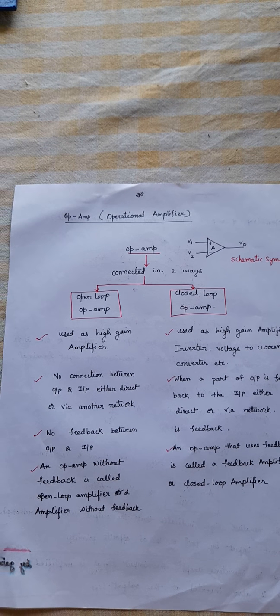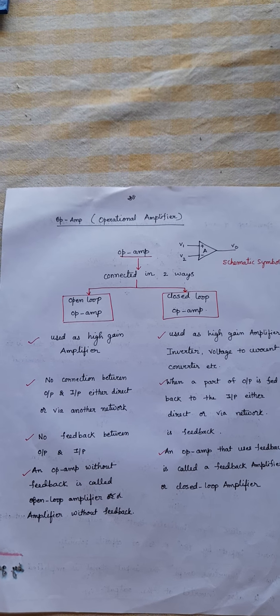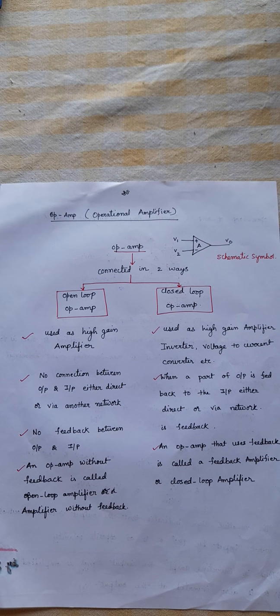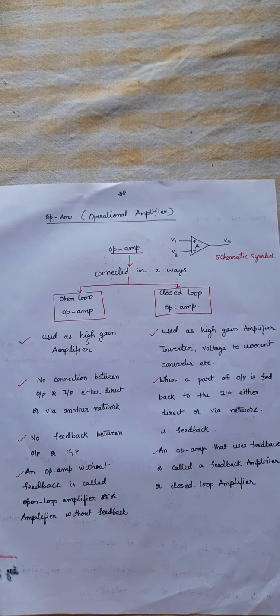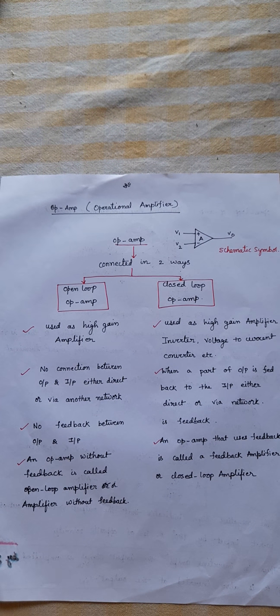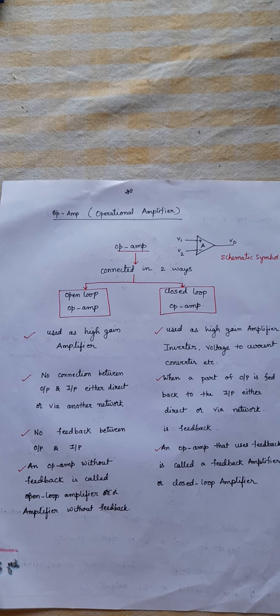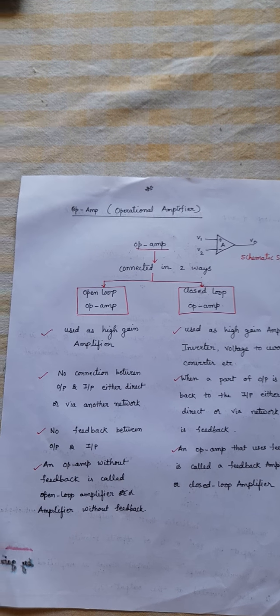So what does op-amp stand for? Operational amplifier. It is having two input terminals V1 and V2, that is non-inverting terminal, inverting terminal and one output terminal. The op-amp can be connected in two ways, in open loop configuration or closed loop configuration.